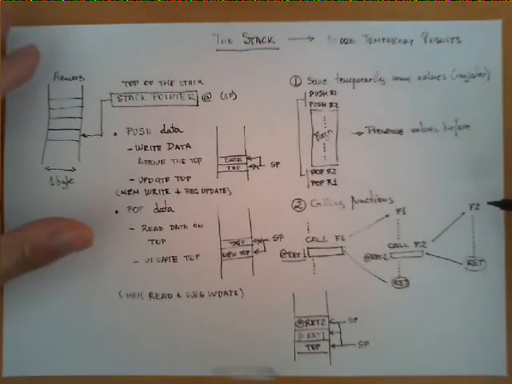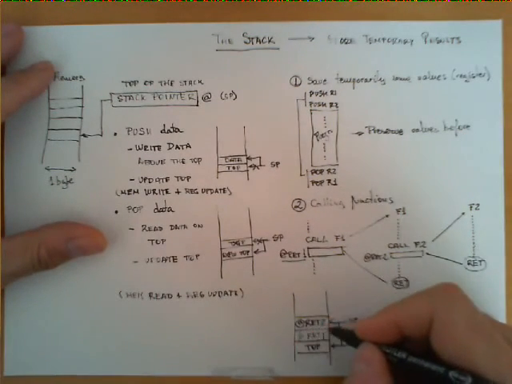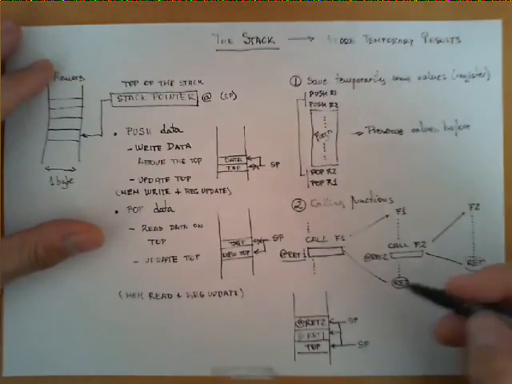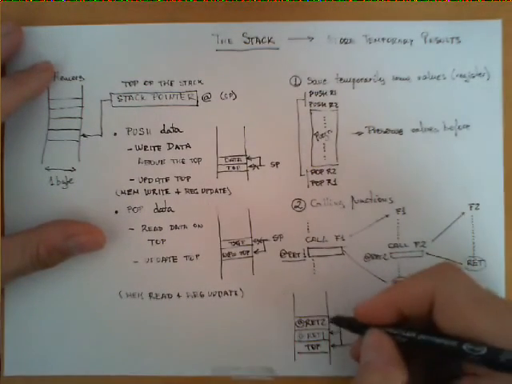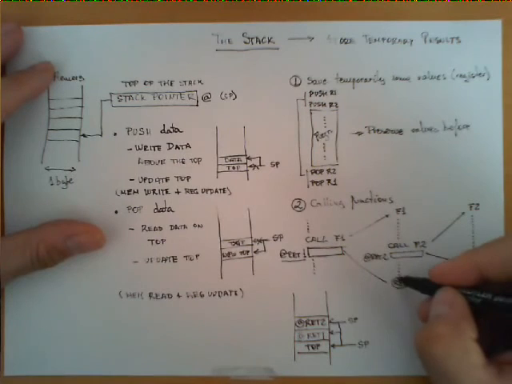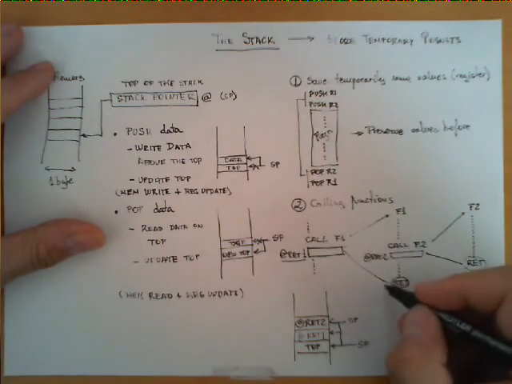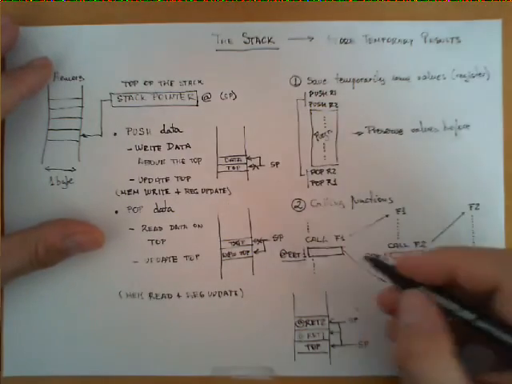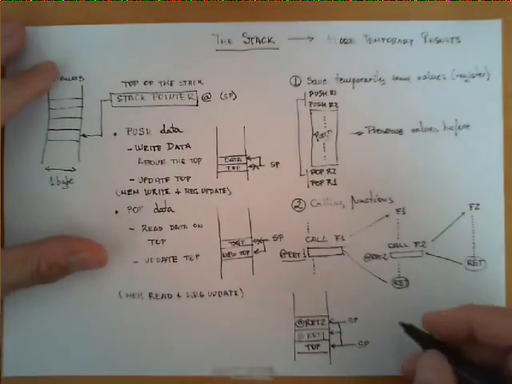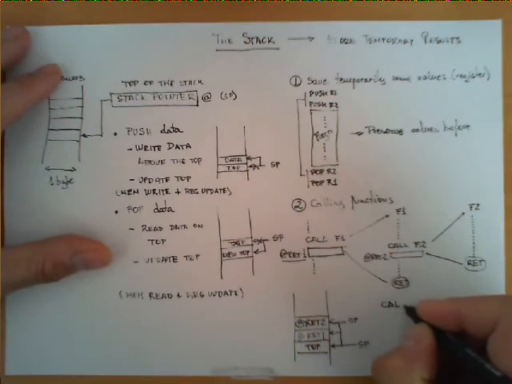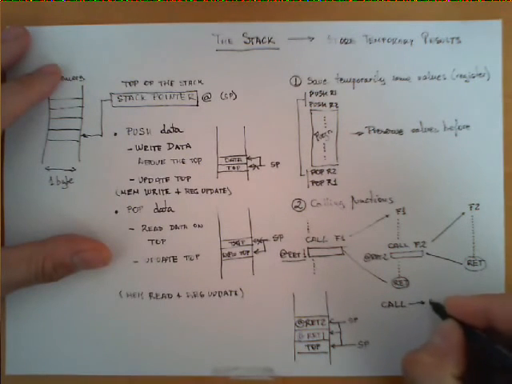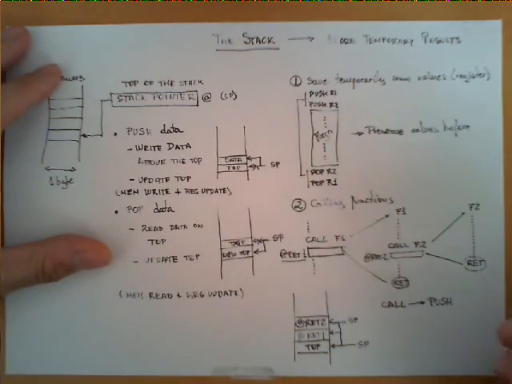And then what happens is, as you can imagine, you execute F2, and when you finish, you return back by popping the top of the stack, the address to return to, and keep executing at the address pointed by this value. And the same thing happens here. When we return, we pop now this value from the stack, and we end up returning to the original position here. So basically what happens is that when I have an instruction which is a call, in fact inside that instruction there is a push of the address to return.